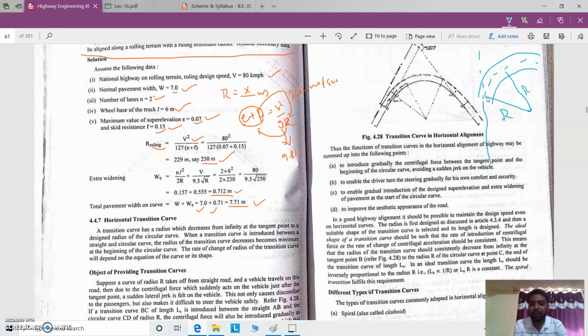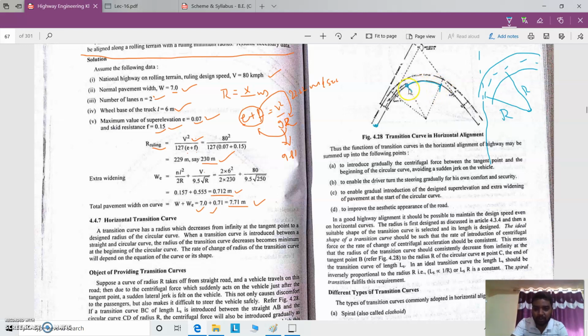The transition curve is introduced because it gradually introduces the centrifugal force between the tangent point and the beginning of the circular curve. Consider this is the tangent point and this complete curve is the circular curve.